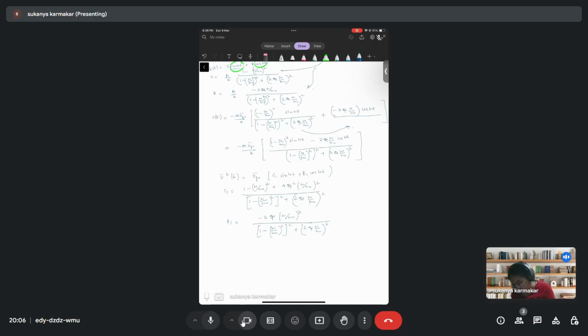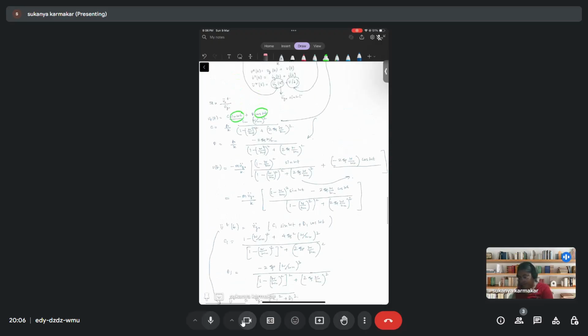So what will be your amplitude of this expression? Amplitude will again be u ground under root of c1 square plus d1 square.